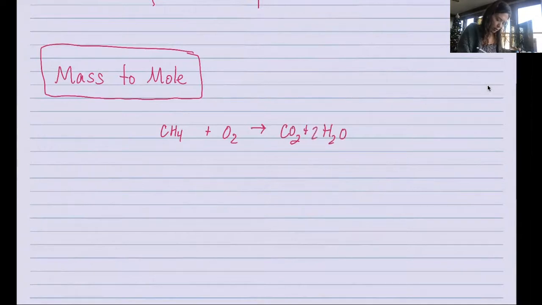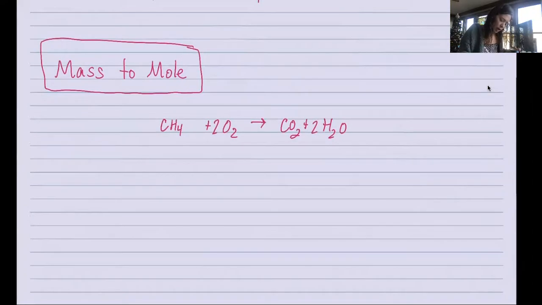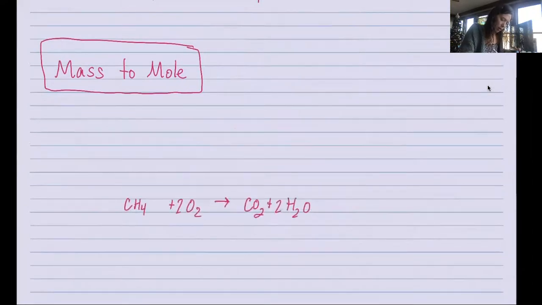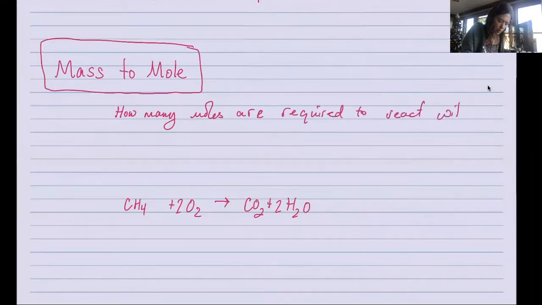We're going to need a 2 there and a 2 there. Let's make our question say, how many moles of oxygen are required to react with 12.4 moles of methane.